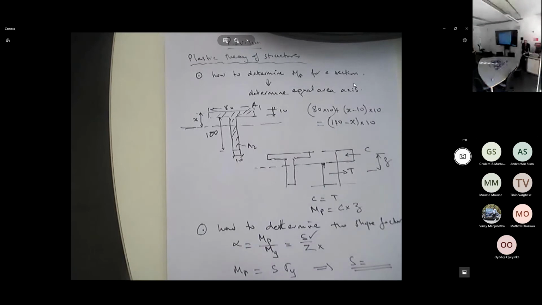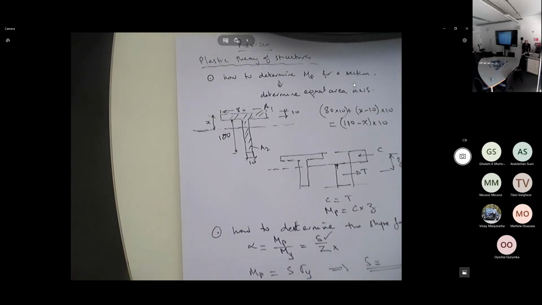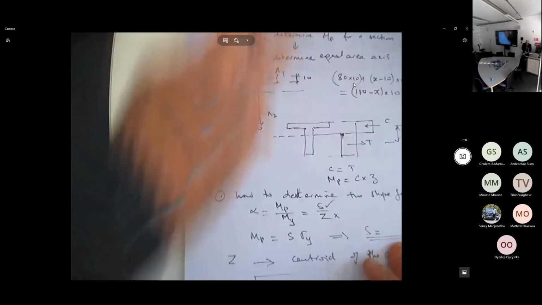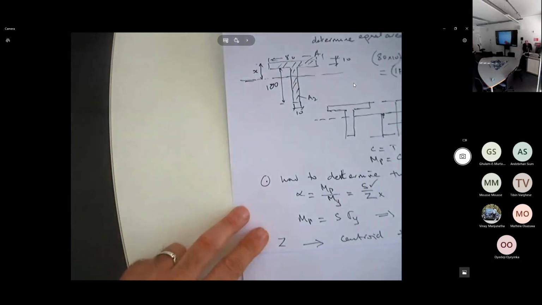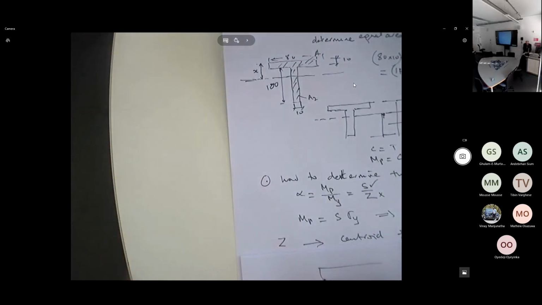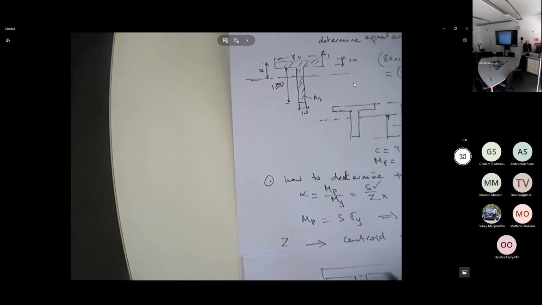In order to get Z, you need to determine the centroid of the section. So this is your T section, this is your T shape, okay?